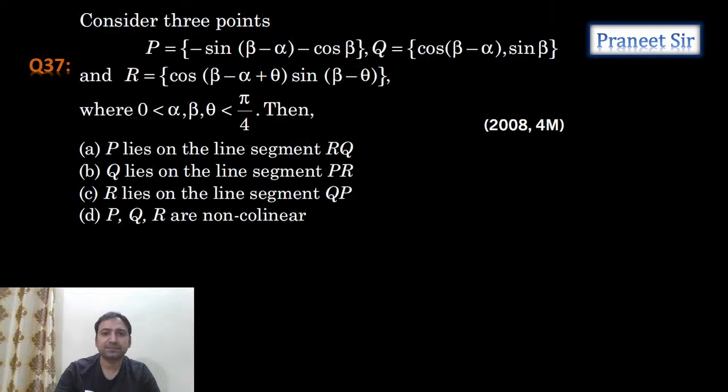Right, next question. The point P is given. I think a minus should be there here, right? I think the minus is missed, and here also a minus is missed.